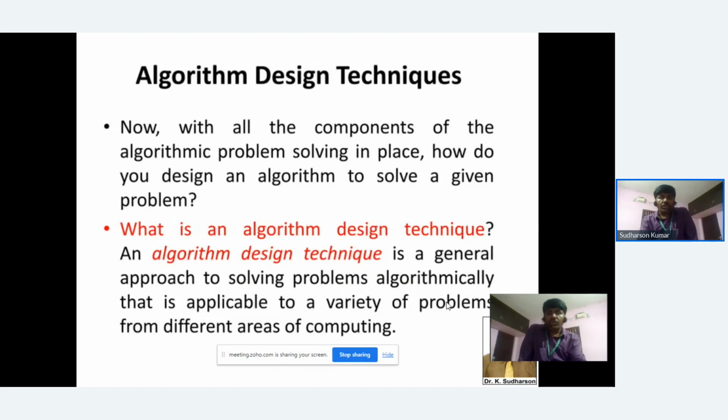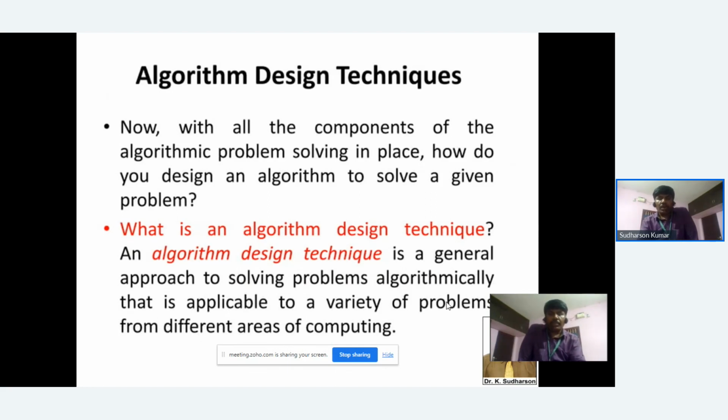Then you have to choose an algorithm design technique. What algorithm design technique you will follow, that you must analyze. First, understand what an algorithm design technique is. An algorithm design technique is a general approach to solving a problem algorithmically that is applicable to a variety of problems from different areas of computing.